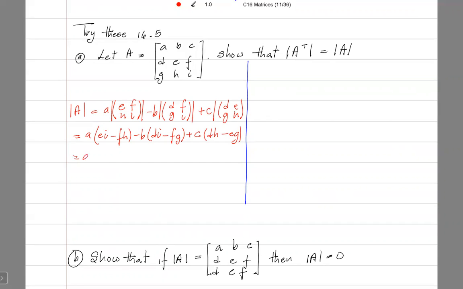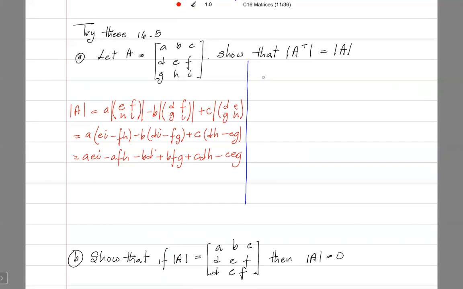Distributive law: AEI minus AFH minus BDI plus BFG plus CDH minus CEG. All right, so that will be the determinant of A.